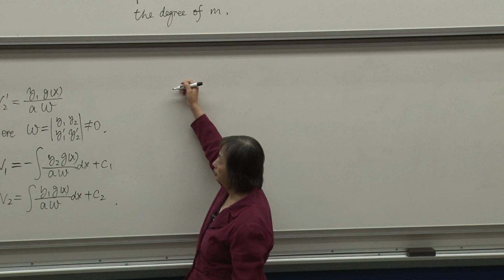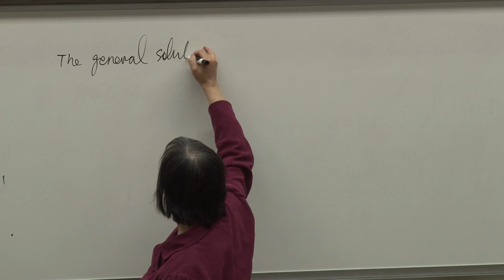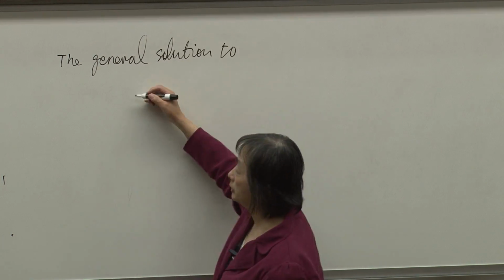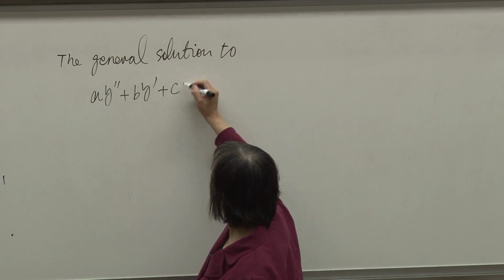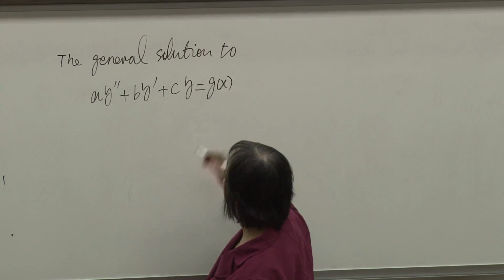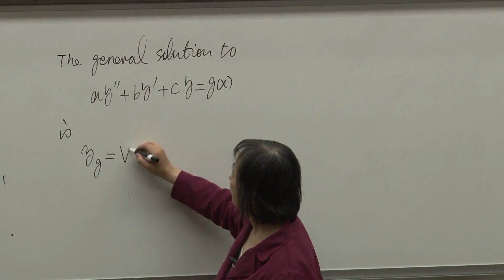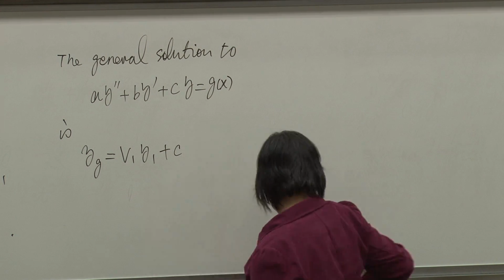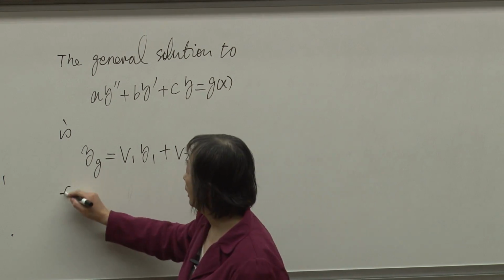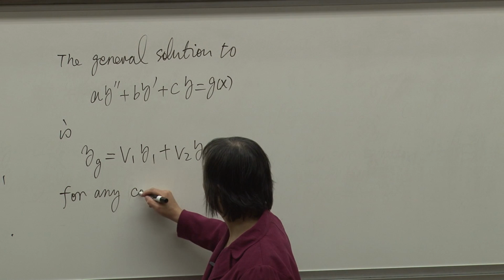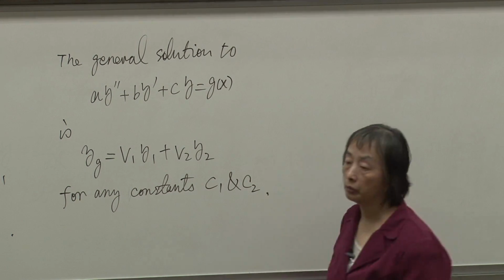So the general solution to the non-homogeneous equation a y double prime plus b y prime plus c y equal to g of x can be written as v1 y1 plus v2 y2 for any constants c1 and c2.